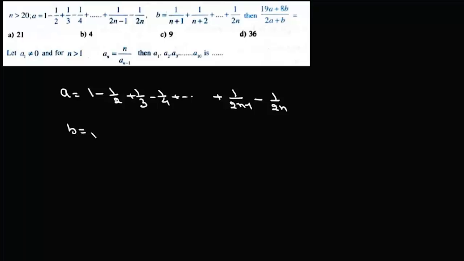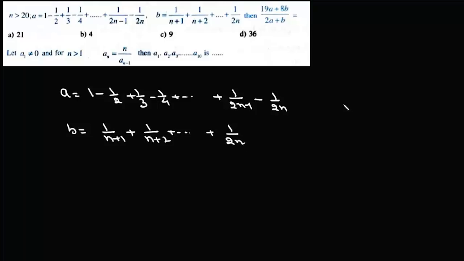Now here the question is, we are given two series. The first series is the series A, which is 1 minus 1 by 2 plus 1 by 3 minus 1 by 4, and it goes up to 1 upon 2n minus 1 minus 1 upon 2n, and then we have the series B, which is 1 upon n plus 1 plus 1 upon n plus 2 up to 1 upon 2n.